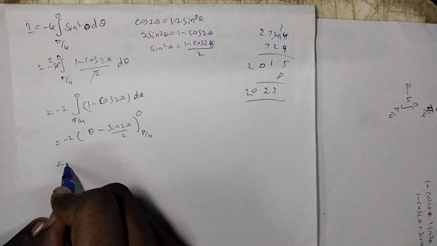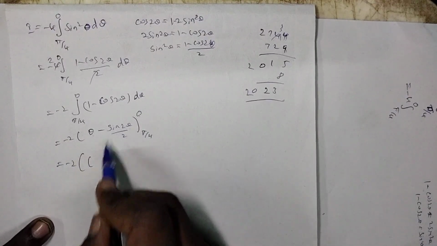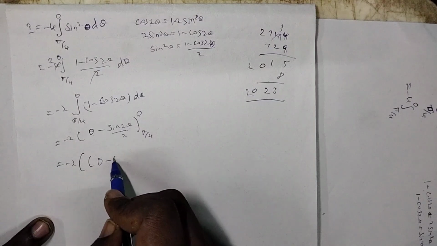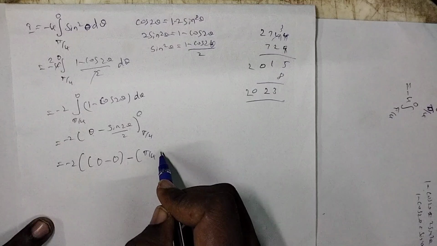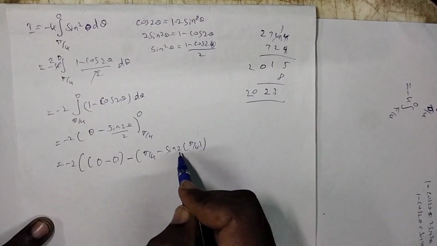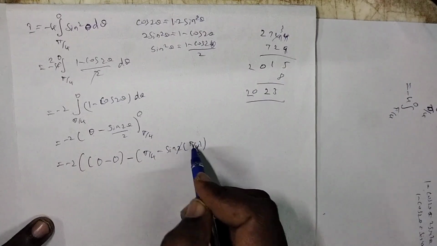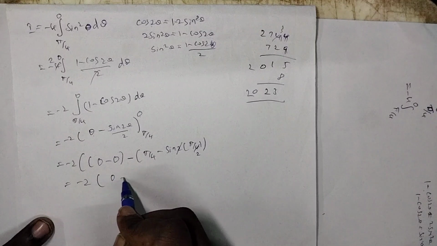When you substitute the upper limit 0, both terms become 0, since sin 0 is 0. Then minus of the lower limit pi by 4, minus of sin 2 into pi by 4. Now 2 and pi by 4 combine to give pi by 2.